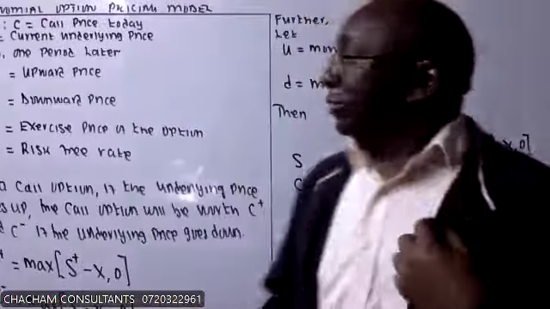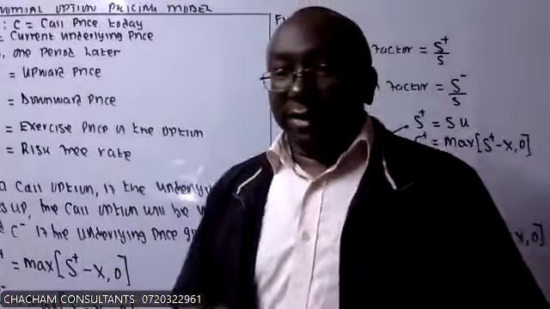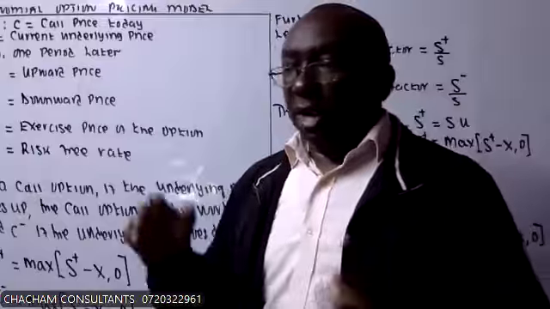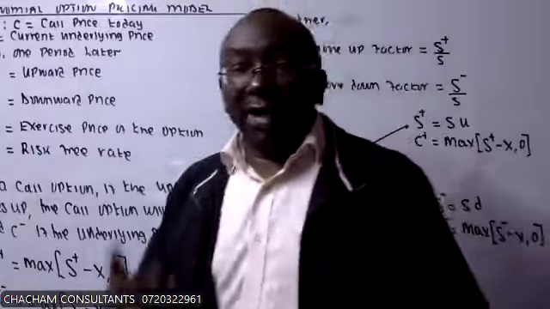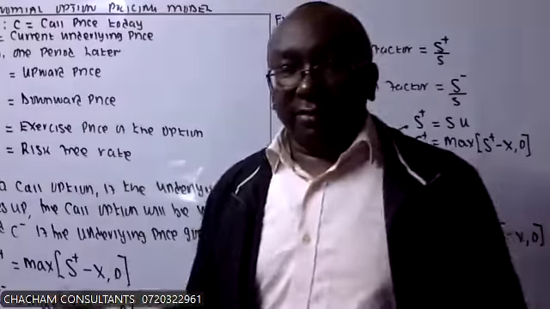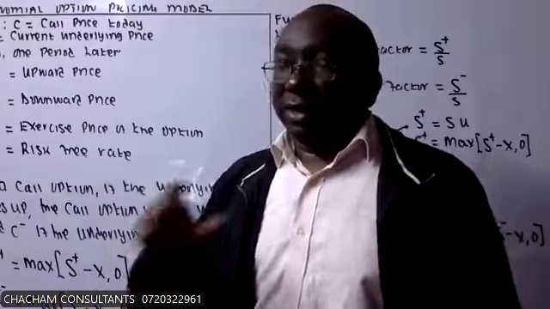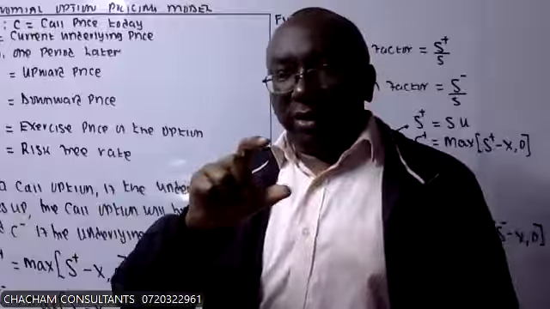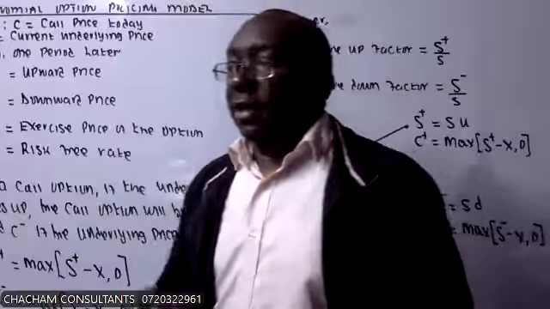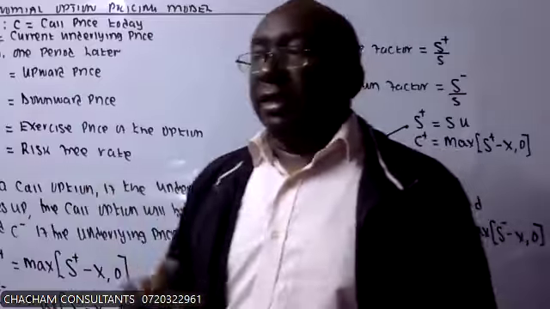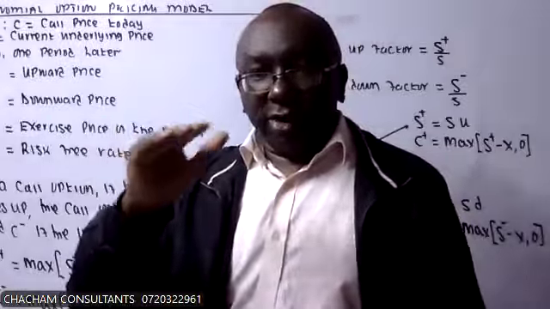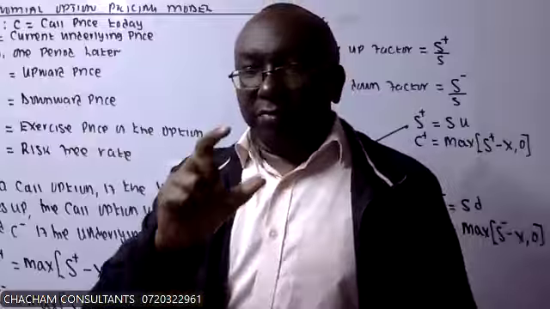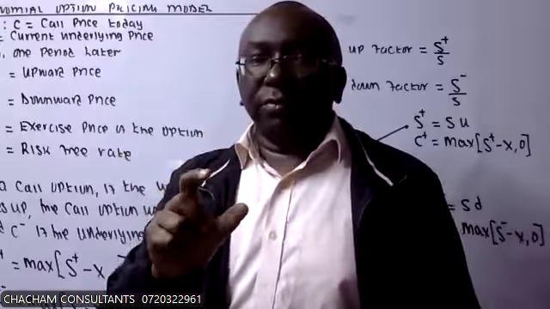We have been saying that an option's value depends on the value of what it derives from. This model just adds a little something: there is a possibility that this price can go up or go down, and that possibility obviously brings probability.